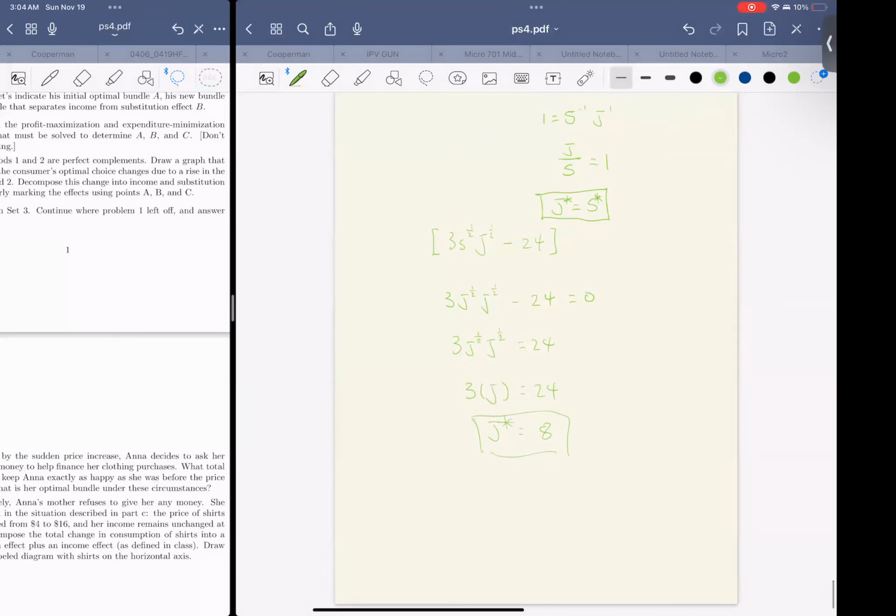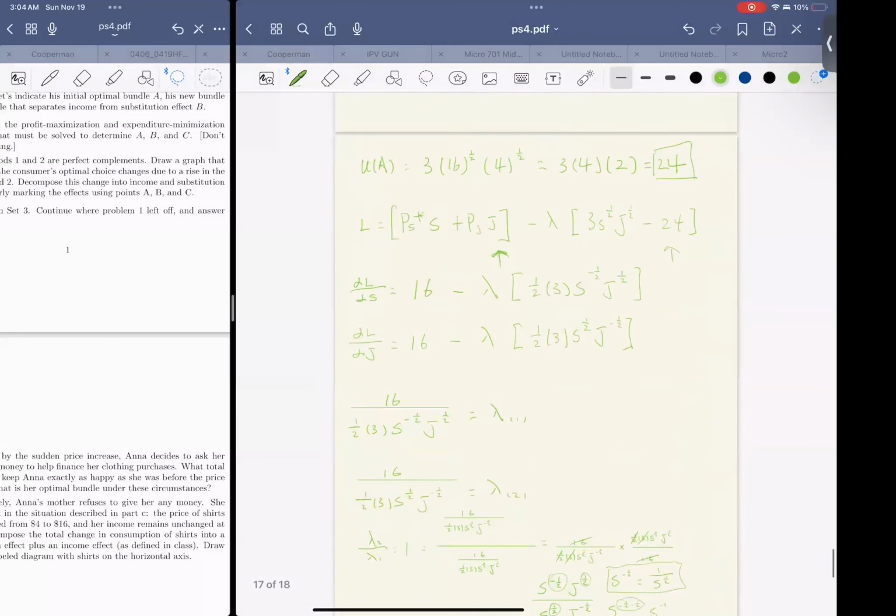We know J equals S, therefore S must be 8.